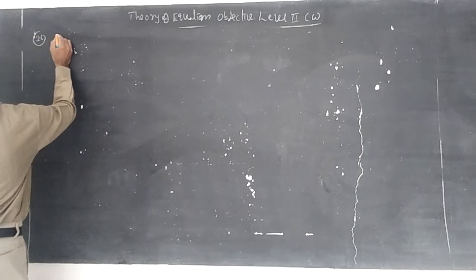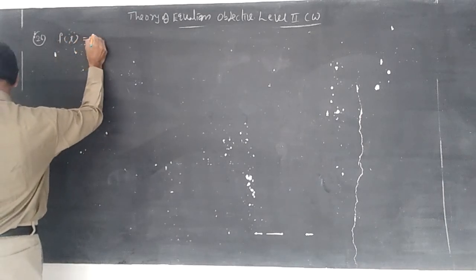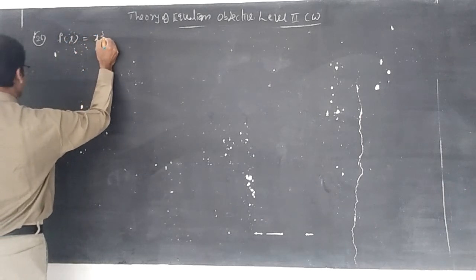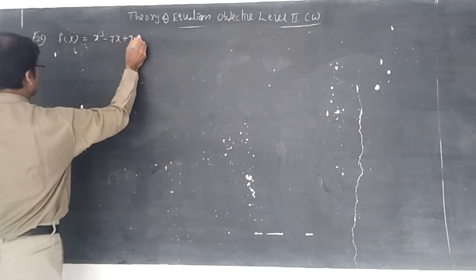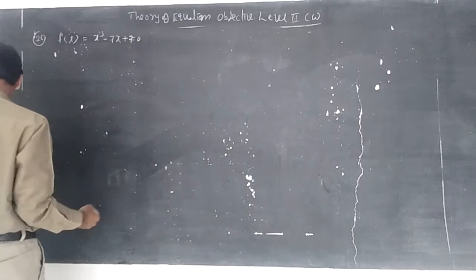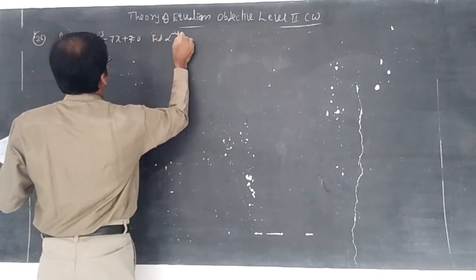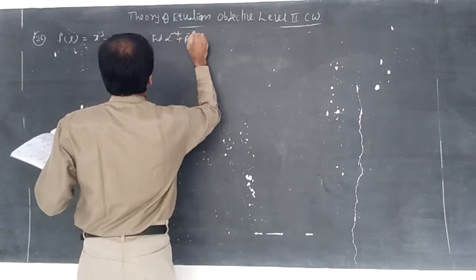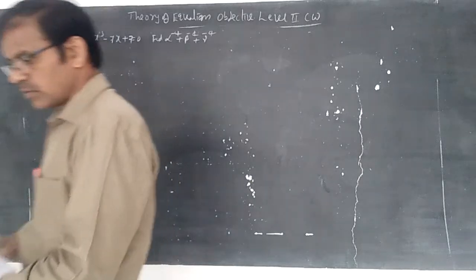Twenty-sixth question. If alpha, beta, gamma are the roots of an equation f of x is equal to x cube minus 7x plus 7 equal to 0, then find the value of alpha power minus 4 plus beta power minus 4 plus gamma power minus 4.